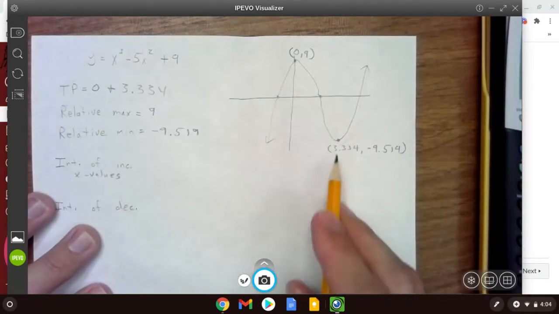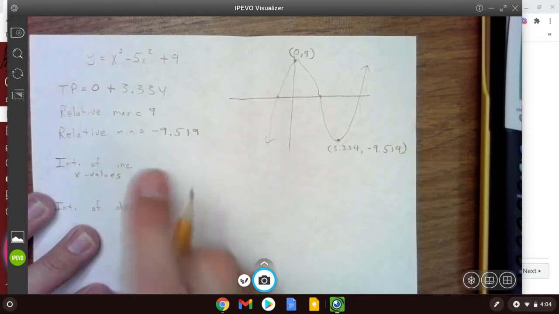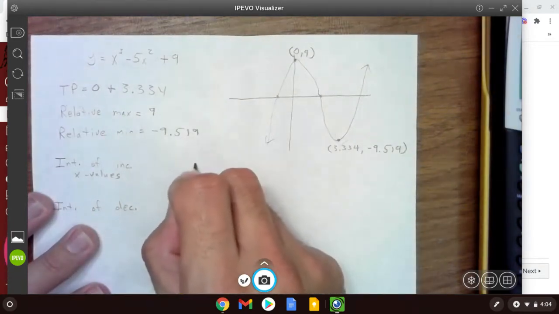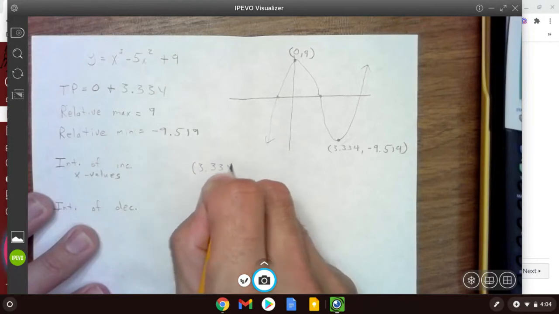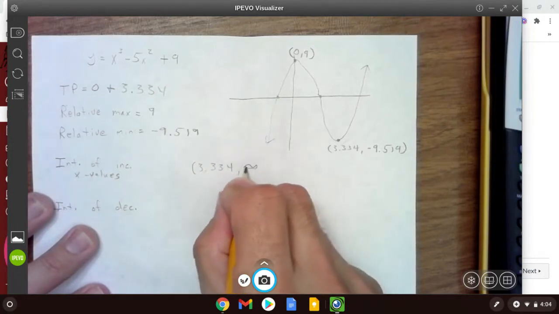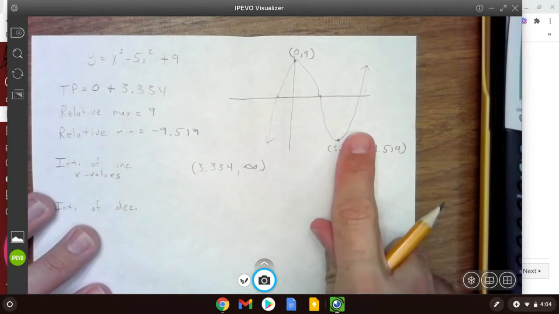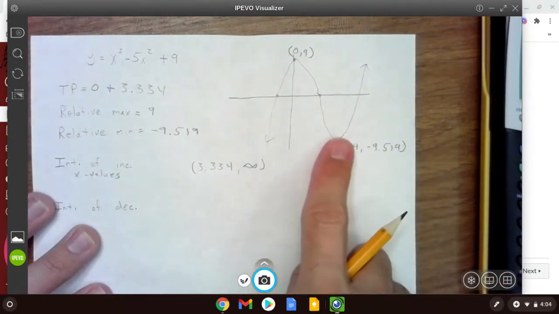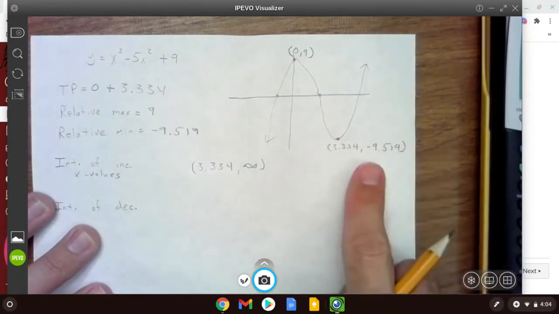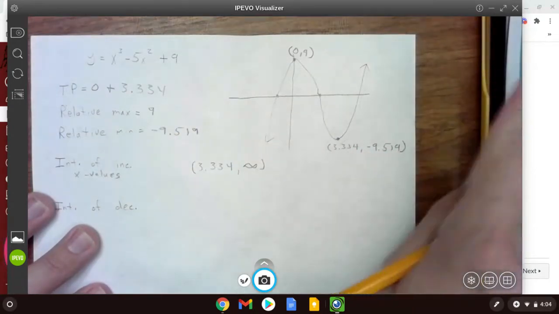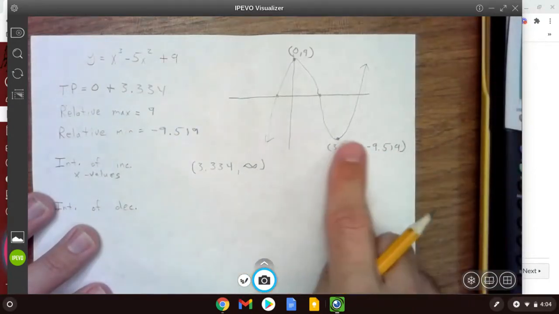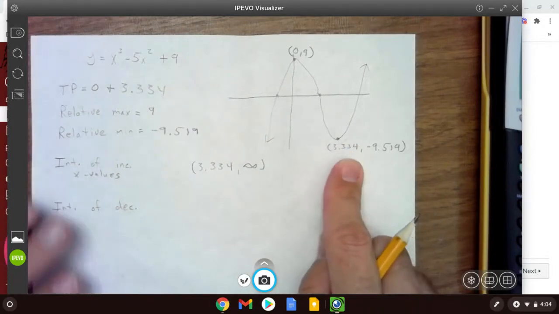So it is increasing from 3.334 to infinity. Not because it's going up, but because everywhere to the right of that, it is increasing. It's going uphill. So it's all these x values after 3.3.